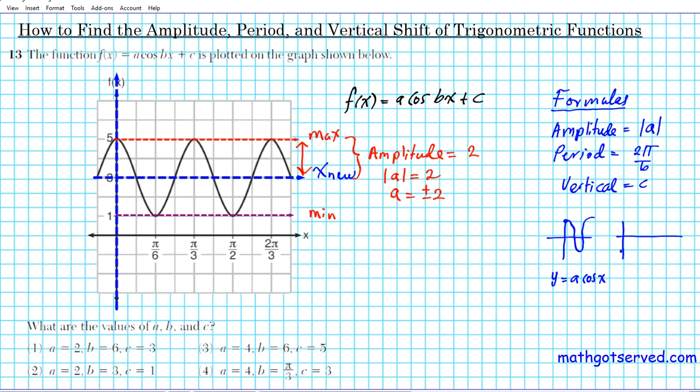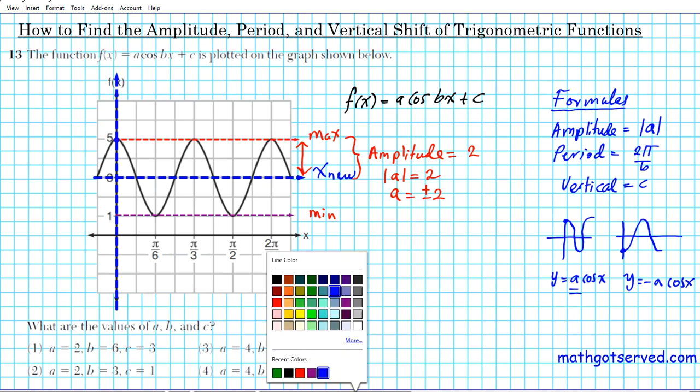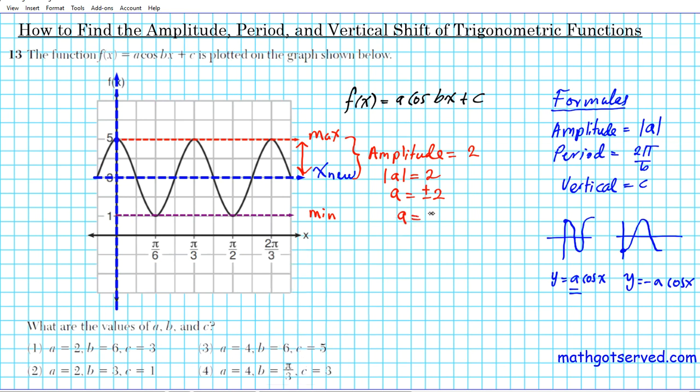But if it starts from the valley, the minimum, and goes up like an inverted cup, then this one is going to be y equals negative a cosine x. Since at the x-axis it starts from the maximum and goes down, that automatically tells us that a is positive. So in this particular problem, a is going to be positive 2. You don't need to bother yourself too much about the sign of a because the only options that are presented here are both positives. So we don't have to bother about the sign.